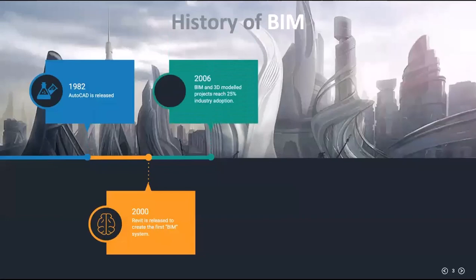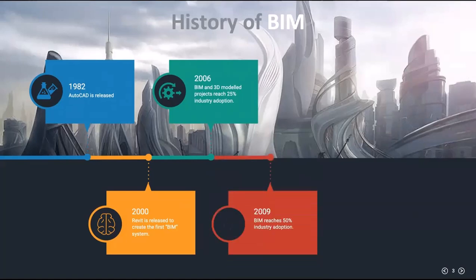Similarly, in 2006, BIM and 3D model projects reached 25% industry adoption in the world. That's a lot. And I remember that at that time many people were just being introduced to AutoCAD, but BIM and 3D model projects had reached 25% industry adoption.